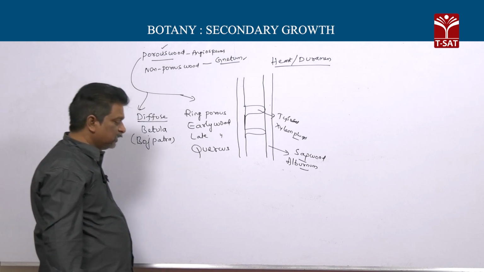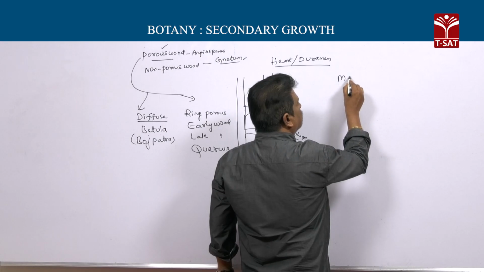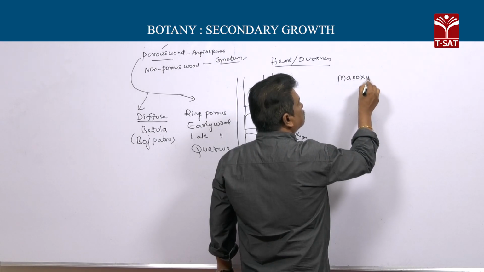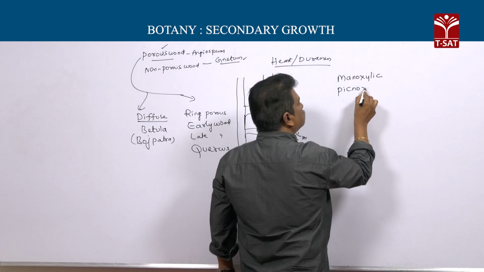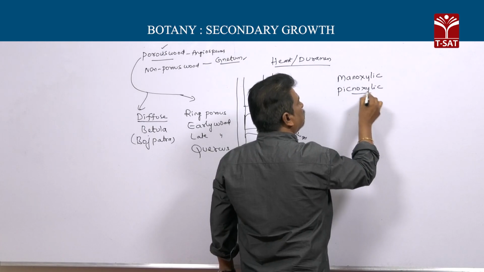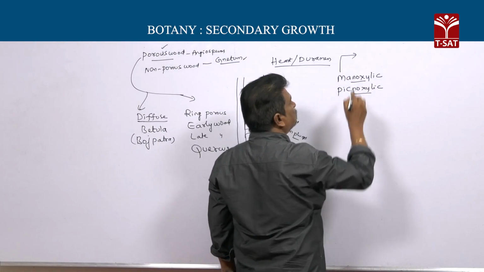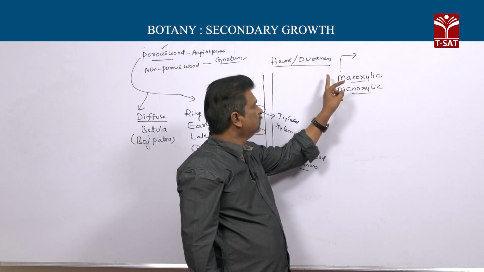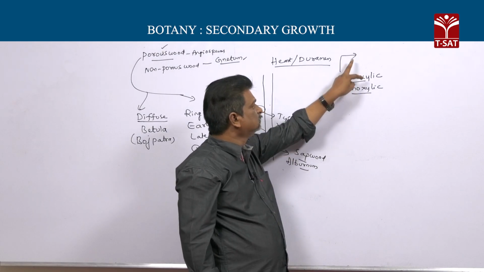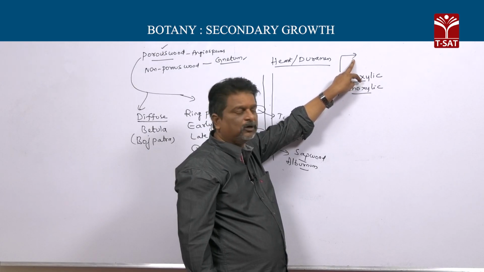Particularly in gymnosperms, another two types of wood are present. One is called monoxylic and the second one is called pycnoxylic. Monoxylic means the xylem is soft because it contains more parenchyma.